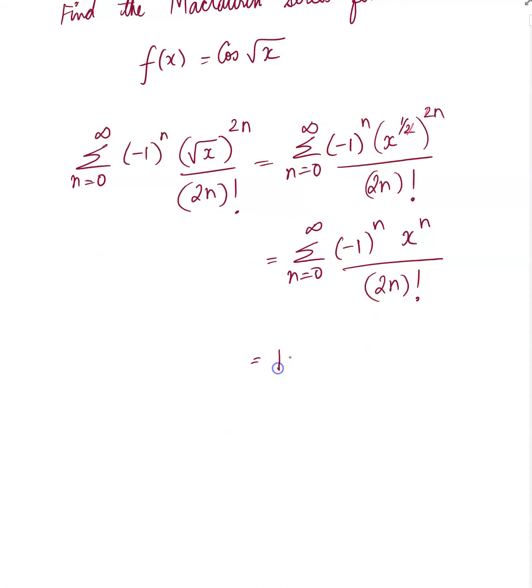If you were to expand this, you get 1 minus x over 2 factorial plus x squared over 4 factorial minus x cubed over 6 factorial, and so on.